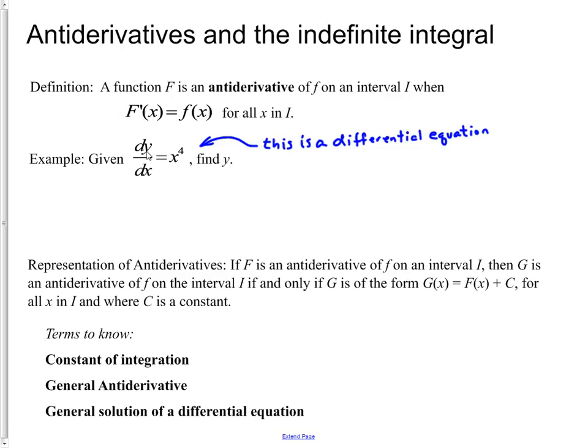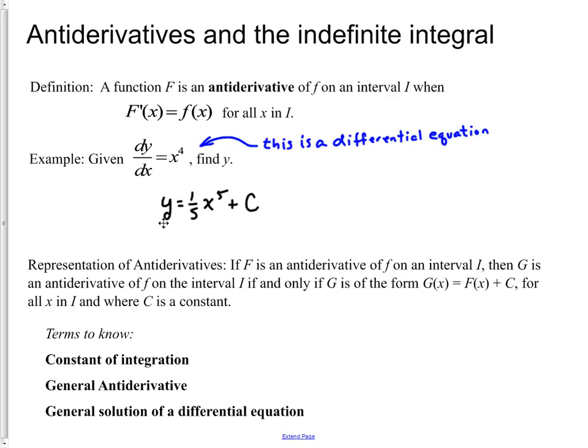We're being told what the derivative is, and the goal is to find the original function y from which it came. If dy dx is equal to x to the 4th, using the same pattern we discovered above, y would have to equal something like 1/5 times x to the 5th plus some constant.